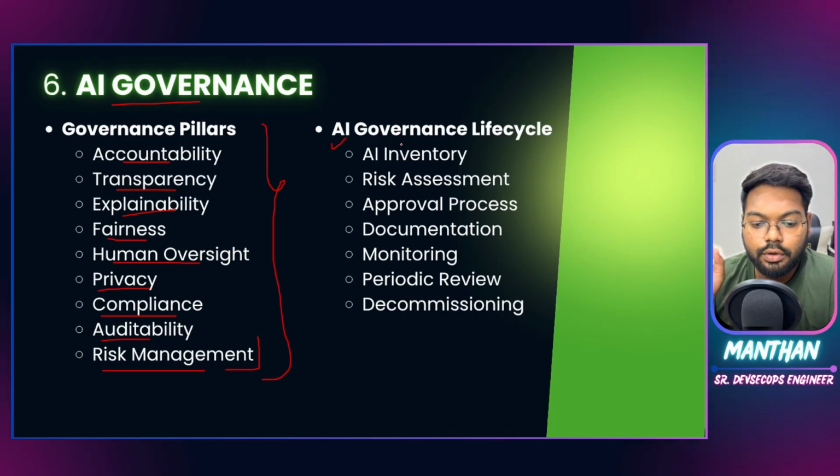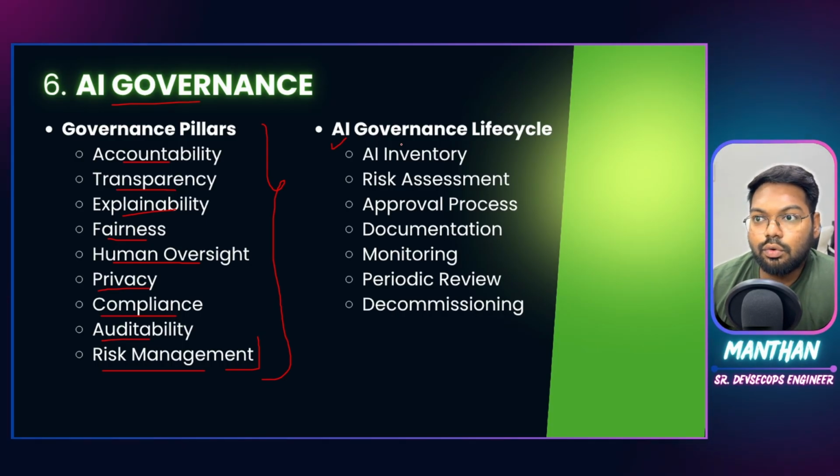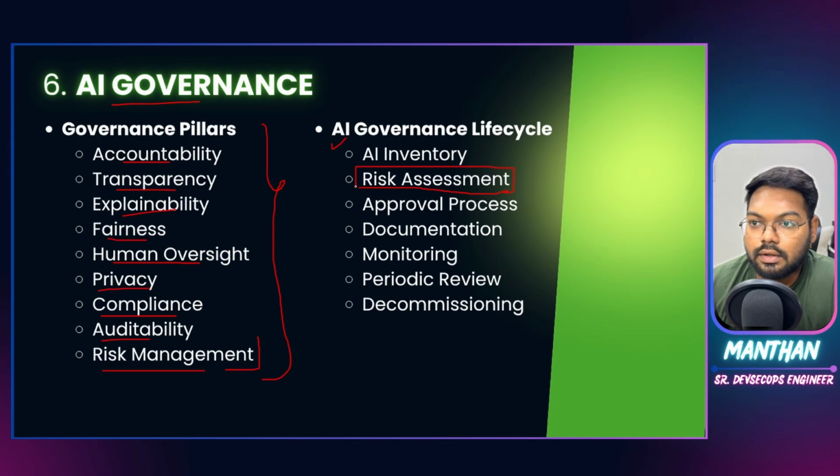You need to keep a list of everything related to it, so that you know where you can assess the risk. Unless you know the assets you own, you cannot assess the risk factors accordingly.